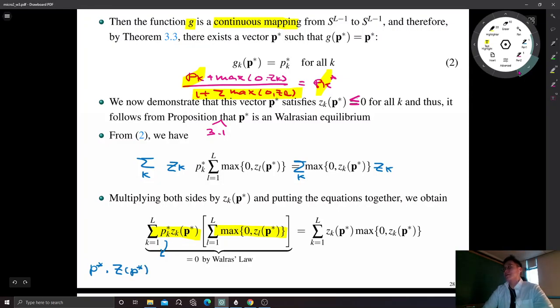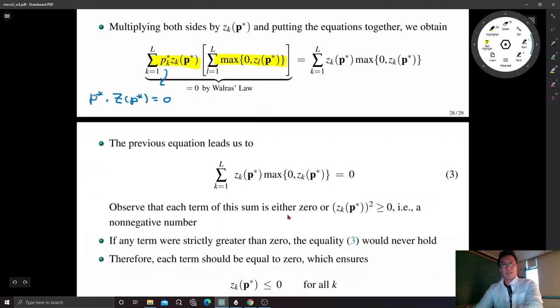And by Walras' law, that boils down to 0, because Walras' law tells us that no matter what the price P, the dot product of the price vector and the excess demand function at that price is always equal to 0. So this expression boils down to 0 by Walras' law. So we have this.